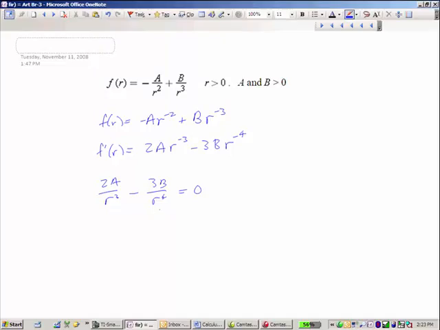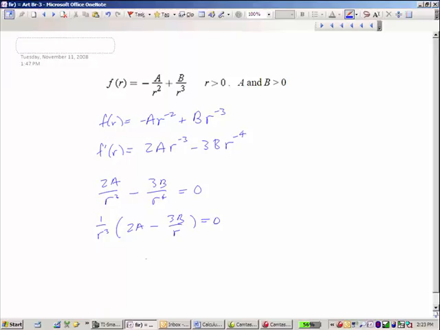I have a question. If we take out 1 over r cubed, we're left with 2a minus 3b over r. Would that be helpful? Yeah, sure. So we know that r equals 0 is undefined, and we need to solve this for r.